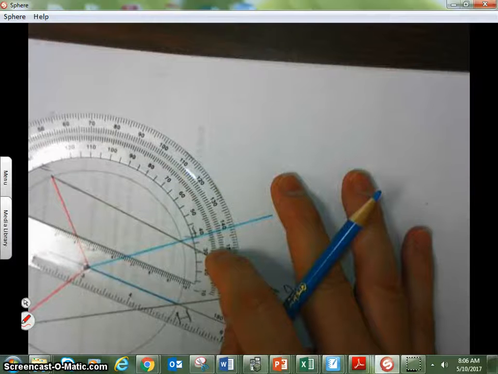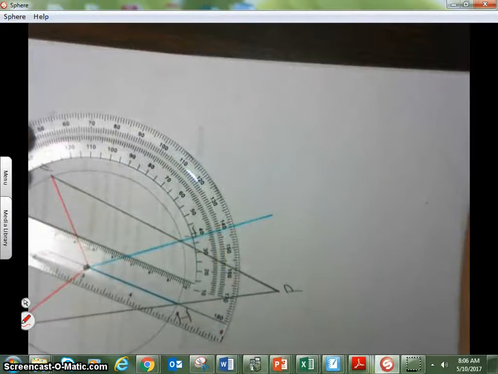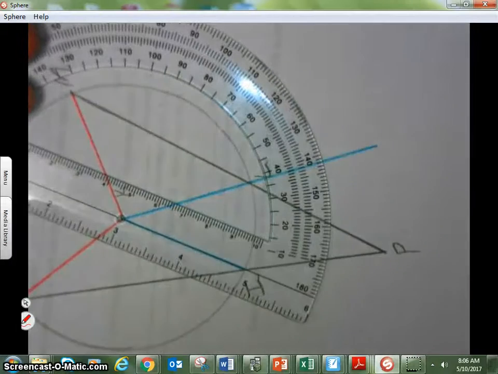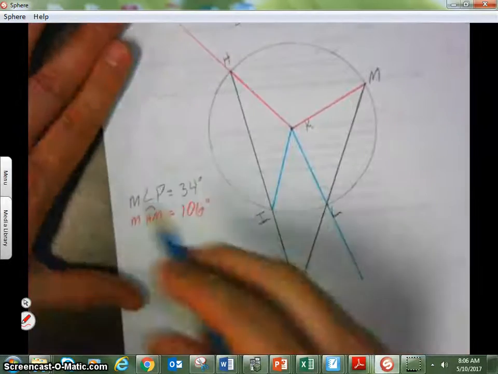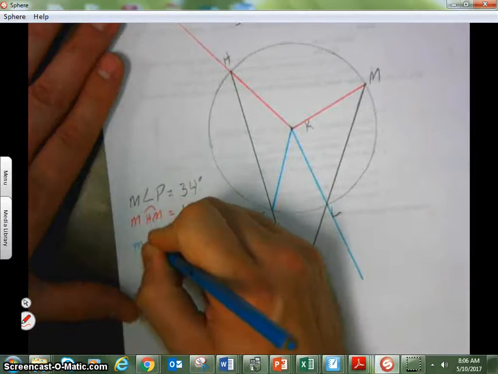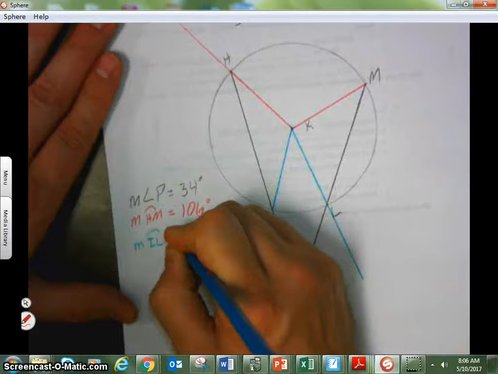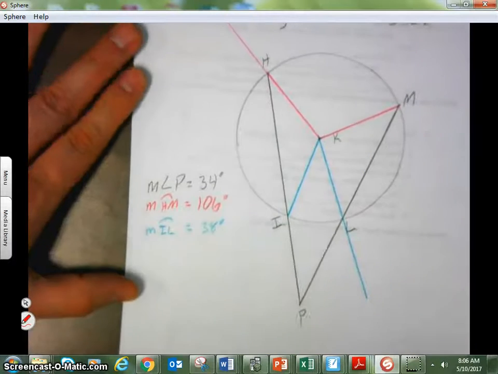This one here looks right at about 38 degrees. Zoom in a little bit here so you can see. 38 degrees. So I'm going to add that measurement here, and I'm going to say the measurement of arc IL is equal to 38 degrees.